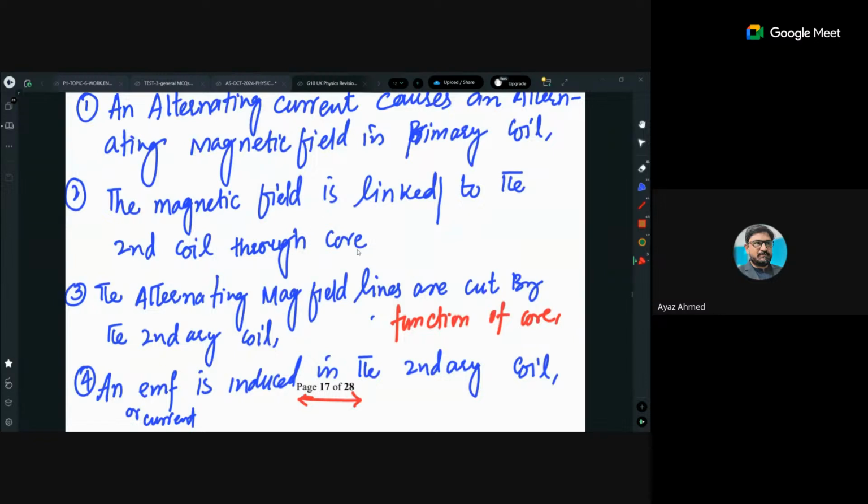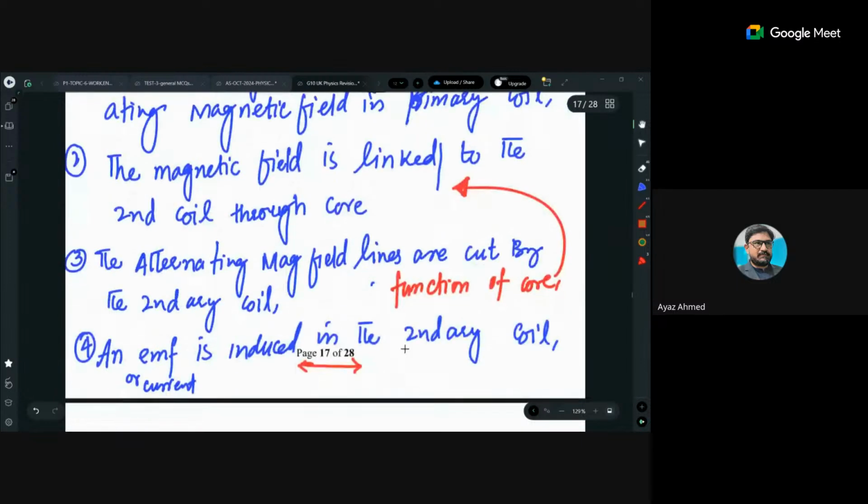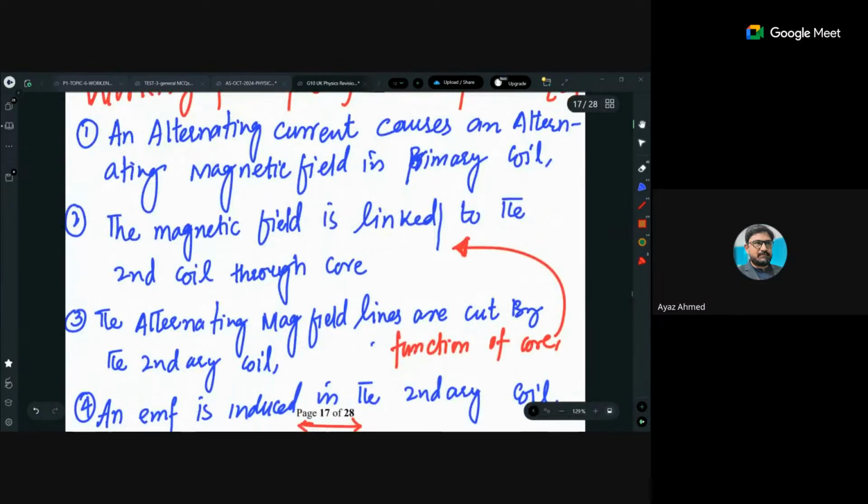This is actually the function of the core. So the core links the magnetic field lines from primary to secondary coil. I will show you on the diagram as well. Then when these alternating field lines are cut by the secondary coil, an EMF is induced in the secondary coil. You have to write all these 4 points.